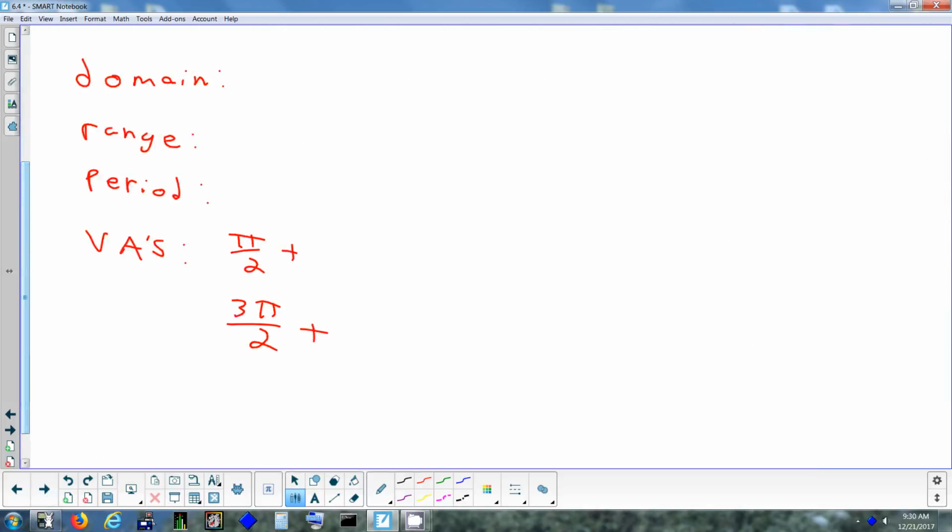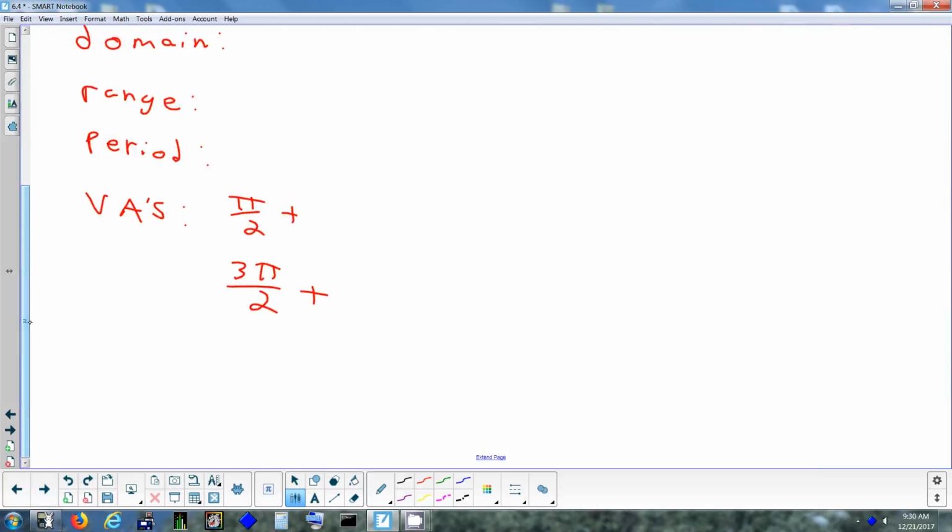And what would you put on the end of each one of them to indicate all asymptotes? Yeah. Plus period times n. And what's the period for secant? 1. Or, pi, right? Not pi. Pi is for tangent and cotangent. 2 pi. So plus 2 pi n.